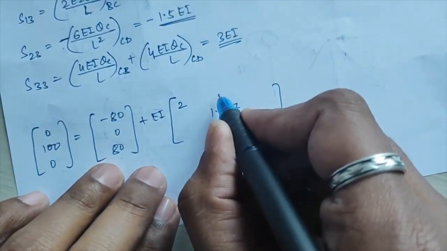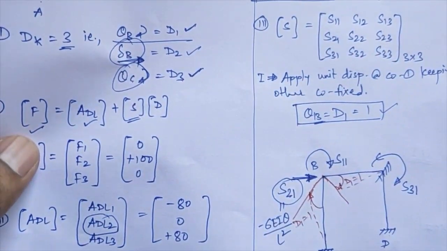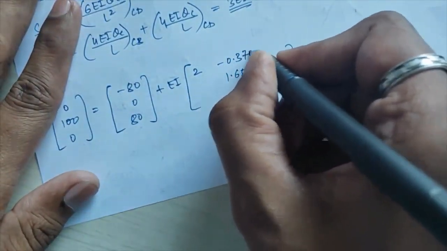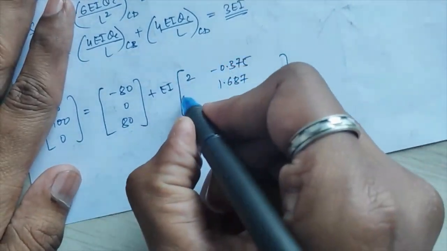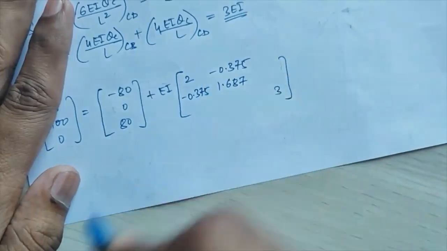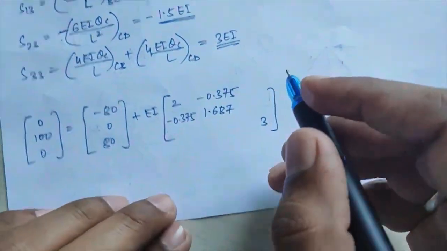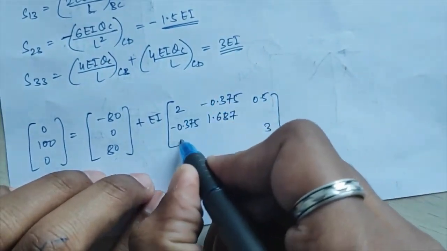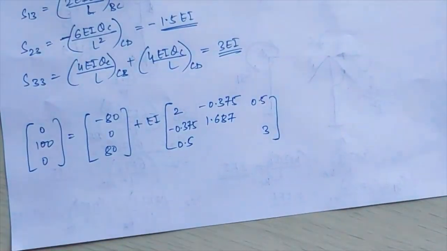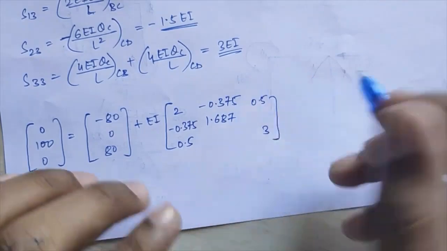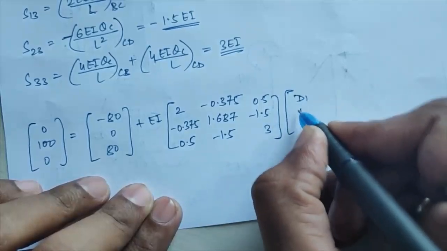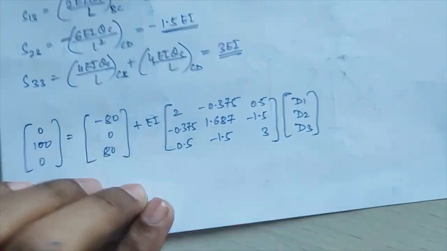This is your S of 1 2 value, that I have got as minus 0.375. Same is your value for S of 2 1, that is here minus 0.375. Next S of 1 3 I am getting as 0.5. Same is your value with 0.5, that is S of 3 1, and S of 2 3 I am getting as minus 1.5 and S of 3 2 as minus 1.5 multiplied by D1, D2 and D3.